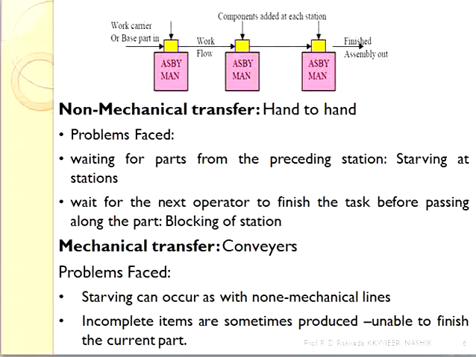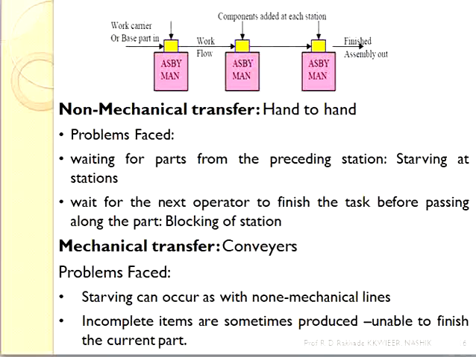The problem phase: wait for a part from the preceding station if your current task is completed before time. And the second problem is waiting for the next operator to finish the task before passing along the part. Means there are two possibilities.